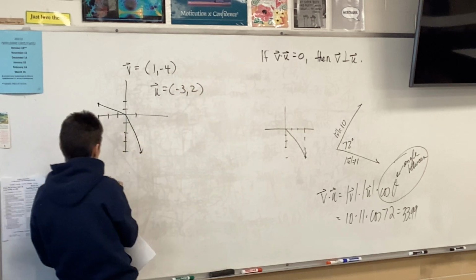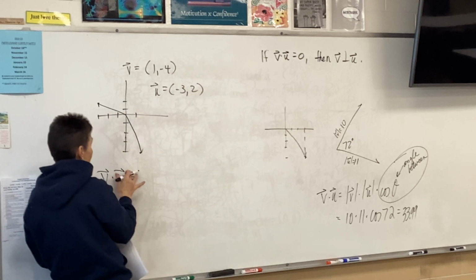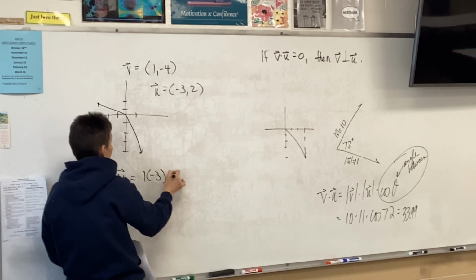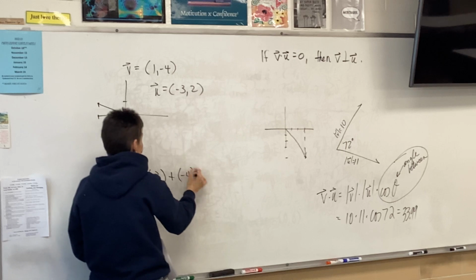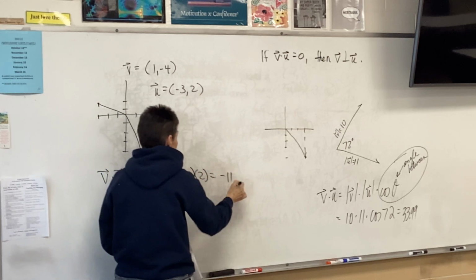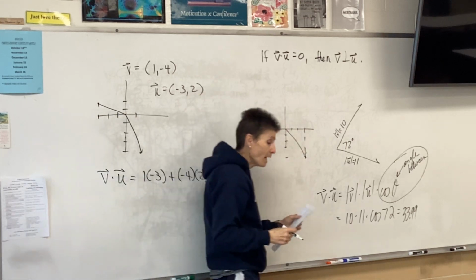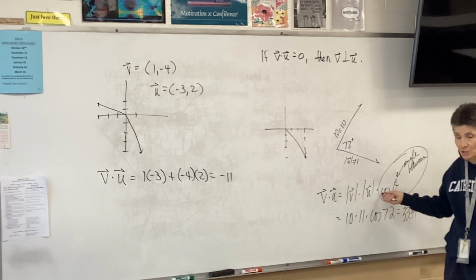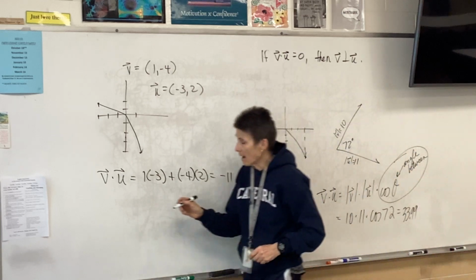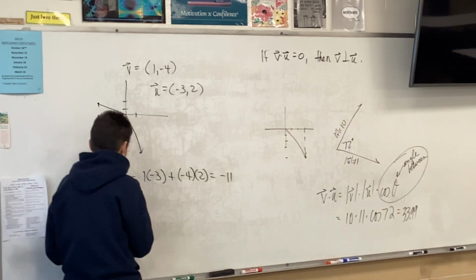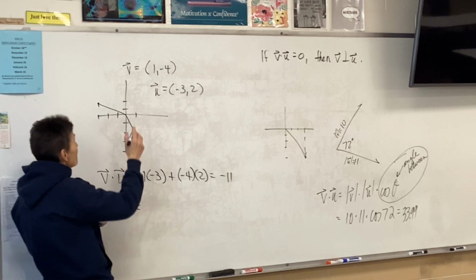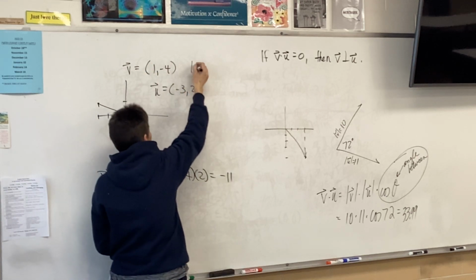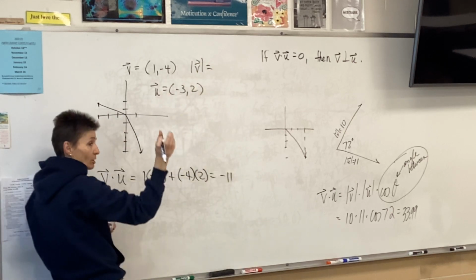So I can actually find the dot product. 1 times -3 plus -4 times 2, -11. The dot product is -11. But I also know that the same dot product is the magnitude of the first vector times the magnitude of the second. Okay, what's the magnitude of that vector?